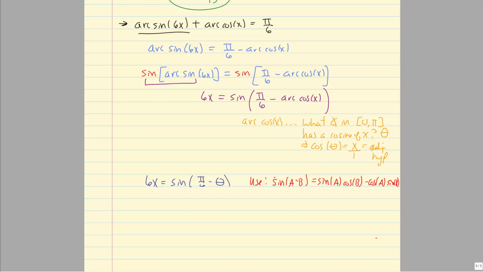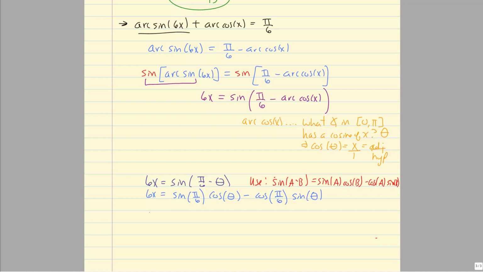Okay, so we'll just fill that in from here. Don't forget the 6x, I can't drop that. So this would be the sine of pi over 6 cosine of theta minus the cosine of pi over 6, the sine of theta.